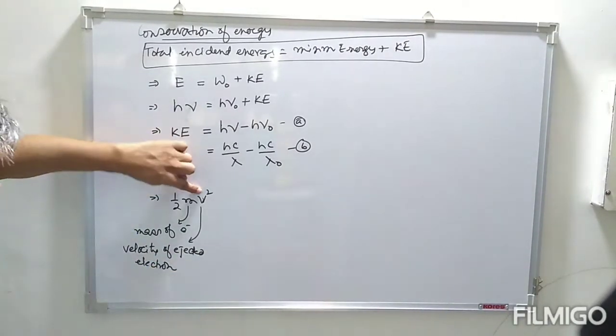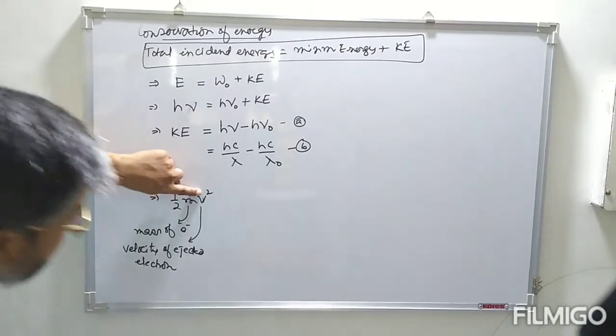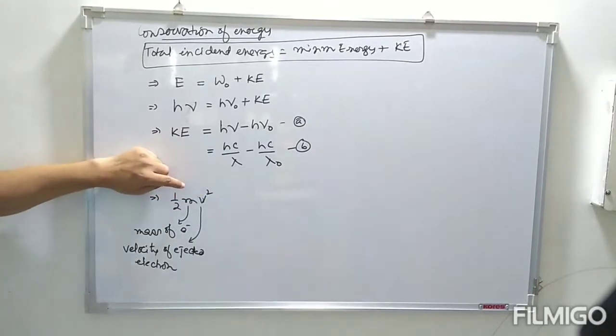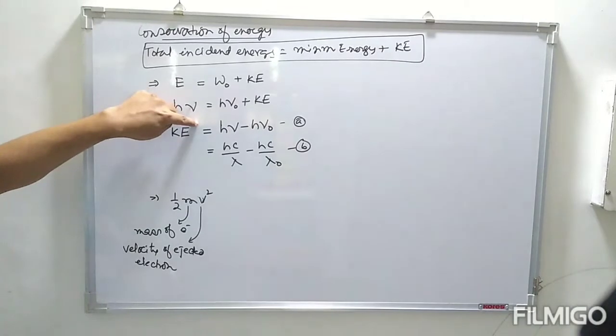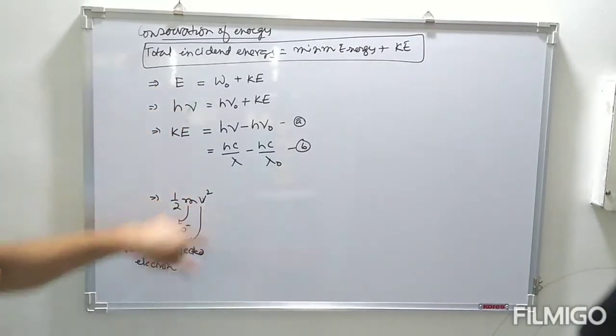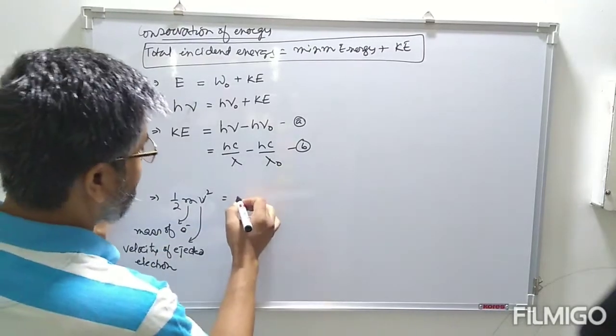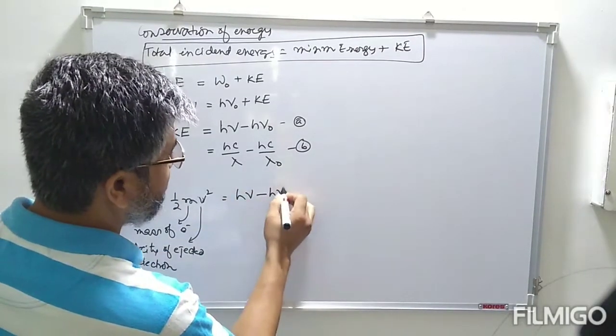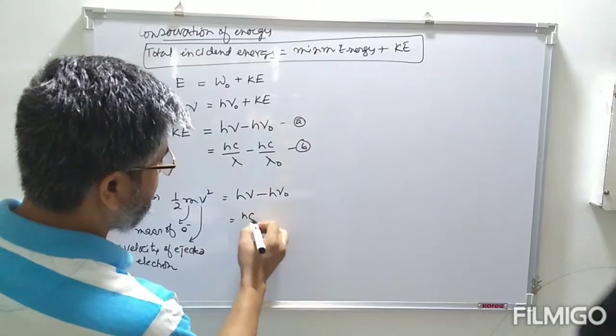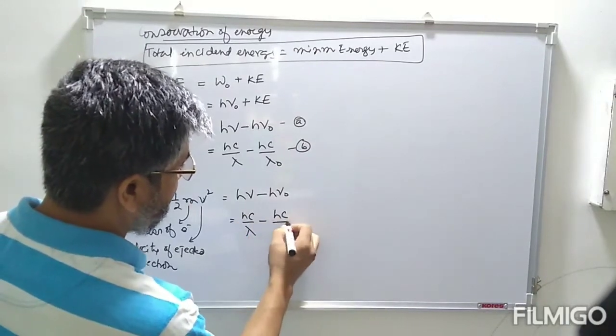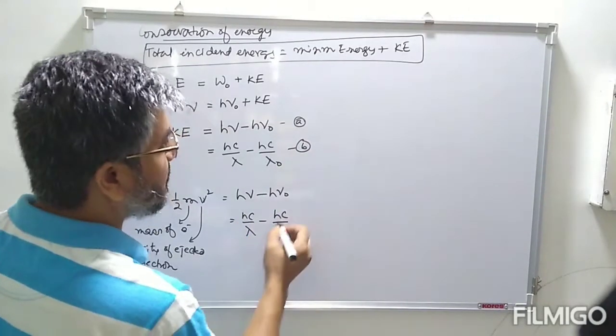So this velocity possessed by ejected electron is the maximum. So we can say this is maximum kinetic energy. If the kinetic energy is maximum, this is the maximum speed. So this is equal to h nu minus h nu naught, or we can say hc by lambda minus hc by lambda naught.